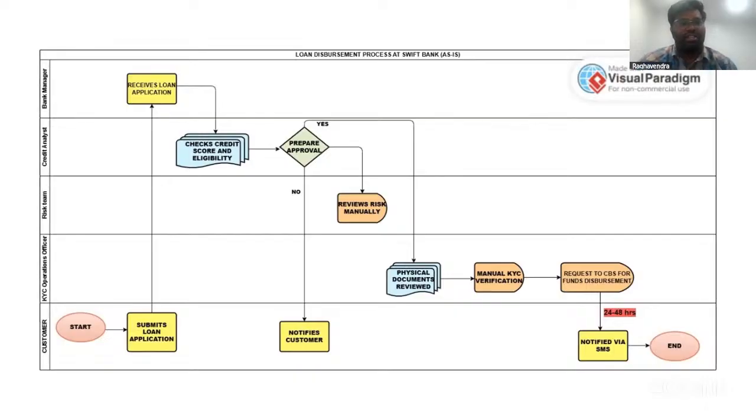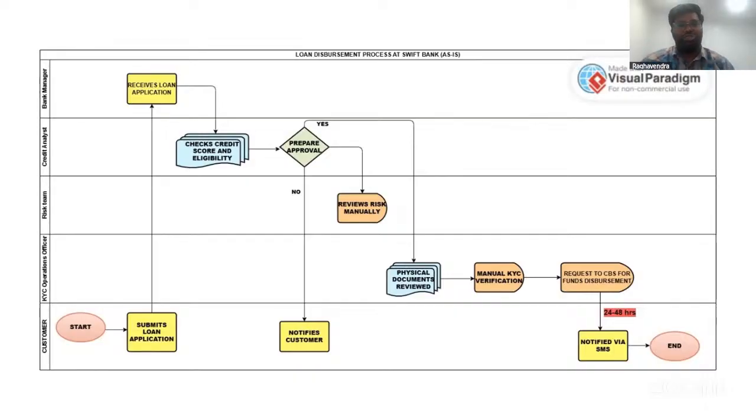If there is positive news that the applicant has passed the credit test, then he moves to the KYC operations, and thereafter manual KYC verification is done. The file also moves to the risk department, where the AML checks are done. And later the funds are moved for disbursement.